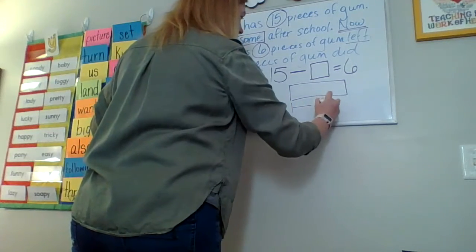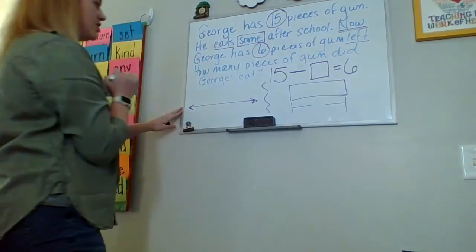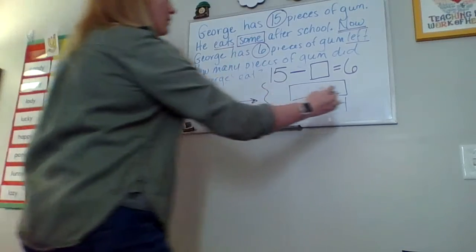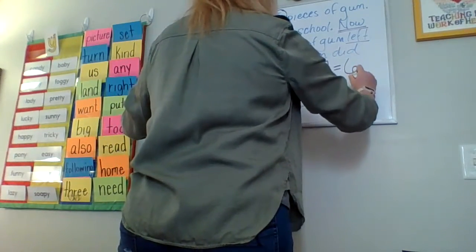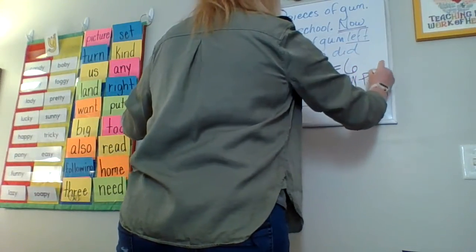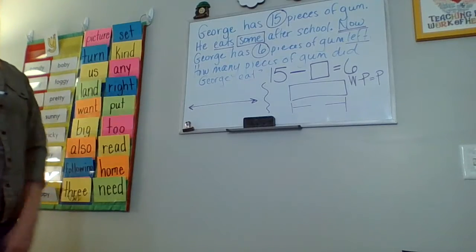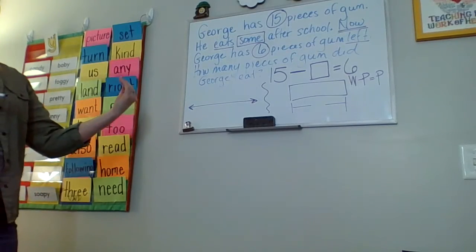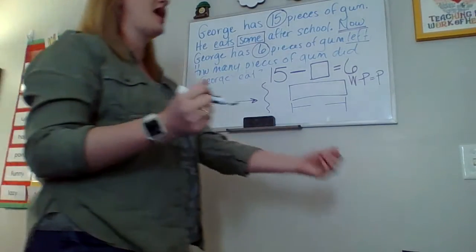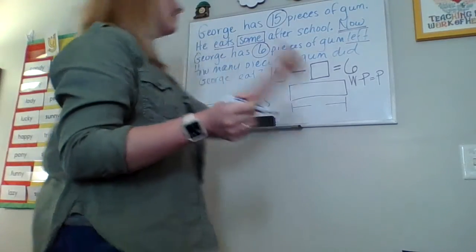Now remember, with a part-part-whole, we're in subtraction. So a part-part-whole model is going to be whole minus part equals part. Or you can use the number line. Don't forget when you're using a number line, we're subtracting. So we're going to hop backwards.